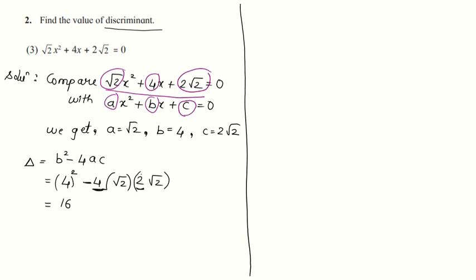So 4 into 2 is 8, plus in minus into plus is minus, minus 8 into root 2 from here into root 2 that was remaining from here. Okay, so solve this further. 16 minus 8. Solve these brackets first. Root 2 into root 2 is 2. Okay, understood? Is equal to 16 minus 8 into 2, which is 16. So the value of delta here is equal to 0.